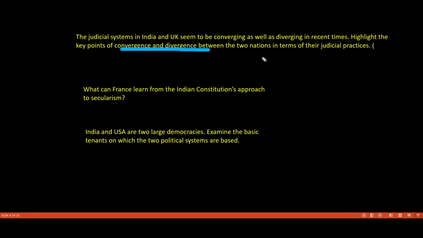So you know already that we have adopted the Westminster parliamentary system from the UK, with some exceptions. For our judiciary and judicial system, the basic Supreme Court idea, we take it from the US Constitution. All right, and who is supreme? For example, in UK the parliament is supreme, right?